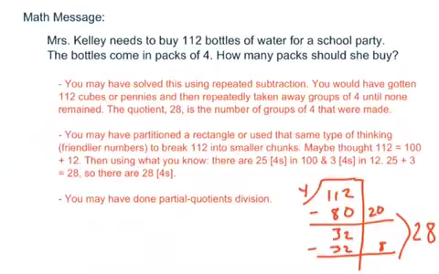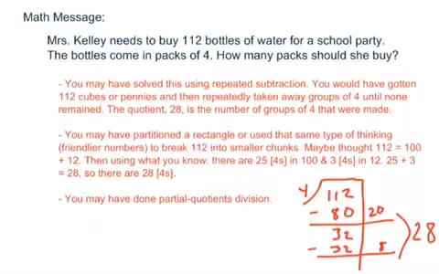And there are 3 4s in 12. So if you added together the 25 and the 3, which I got from here and here, I would have ended up with 28, so there are 28 4s in 112.